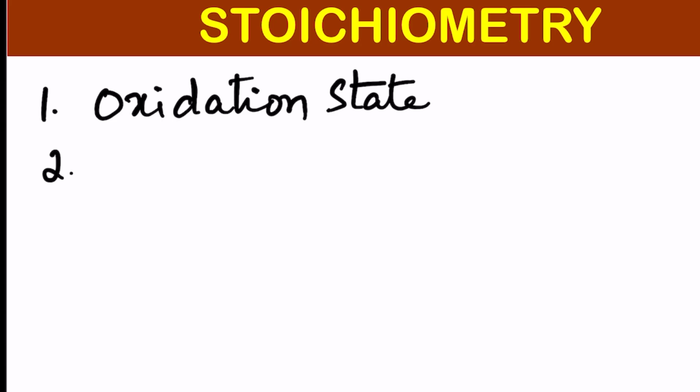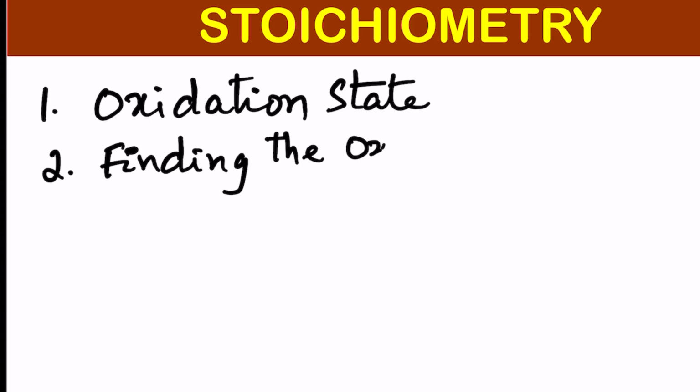Now, how do we find the oxidation state? Finding the oxidation state, this is the second thing that you need to know. There are certain rules which you have to memorize. You have already learned this in your regular classes, but this is again a recap and helps us in understanding the problem-solving methodologies.